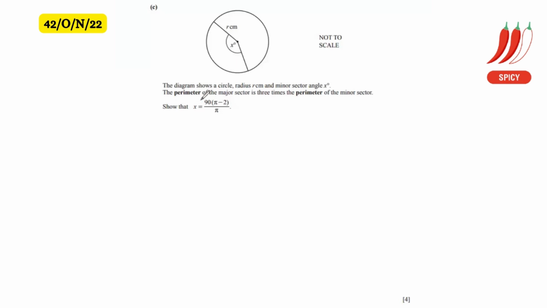So the perimeter of the major sector would be r plus r plus the arc length. If this is x, this is 360 minus x. So the arc length would be 360 minus x over 360 times 2 pi r.